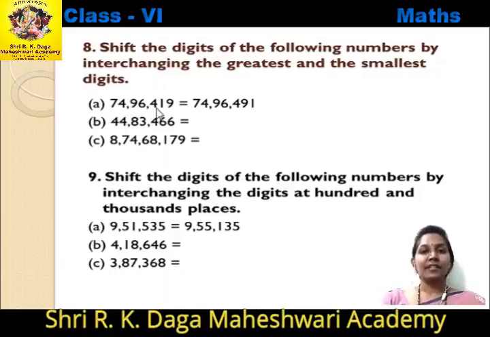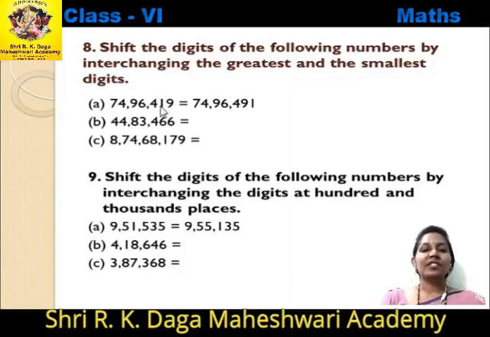74,96,419, and in this question we have to change the digits of greatest and smallest digit. The greatest digit is 9, which comes 2 times, and the smallest digit is 1.